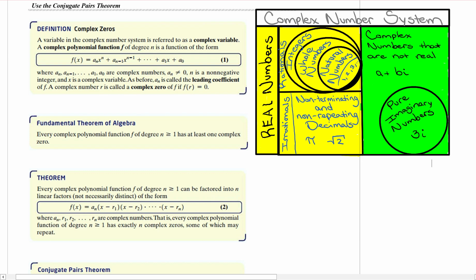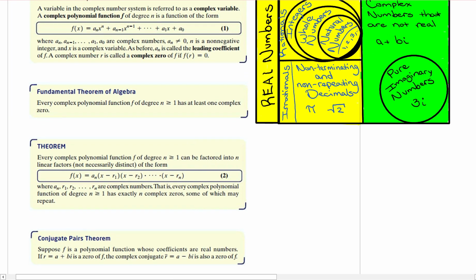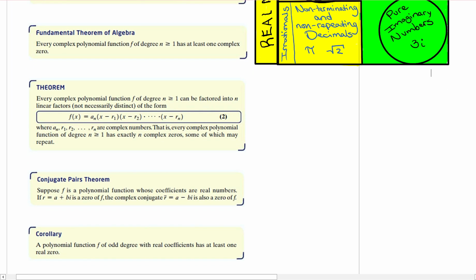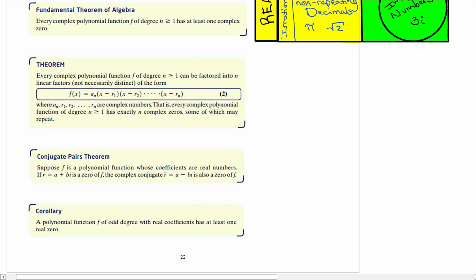The following theorem says every complex polynomial function f of degree n greater than or equal to 1 can be factored into n linear factors, not necessarily distinct, of the form f of x is equal to a sub n times the quantity x minus r sub 1 times the quantity x minus r sub 2 and so on times the quantity x minus r sub n, where a sub n, r sub 1, r sub 2, and so on up to r sub n are complex numbers. That is, every complex polynomial function of degree n greater than or equal to 1 has exactly n complex zeros, some of which may repeat.